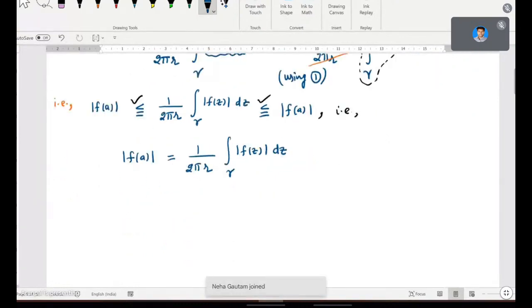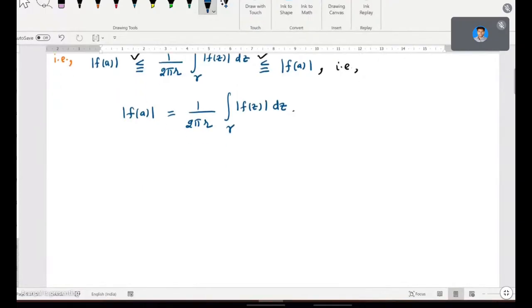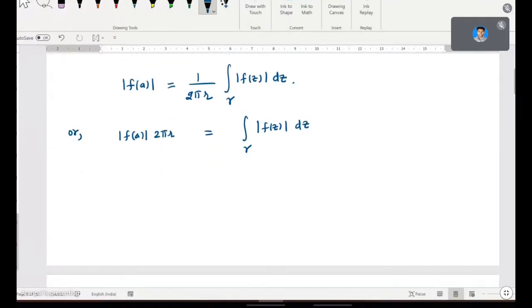Now, class, I can write it like this: 2 pi r is equal to the integral over gamma of mod of f(z) dz. You can see that I have just done simple algebra. Or class, I can further write it like this: mod of f(a) times 2 pi r, this is a constant, class, take a note.